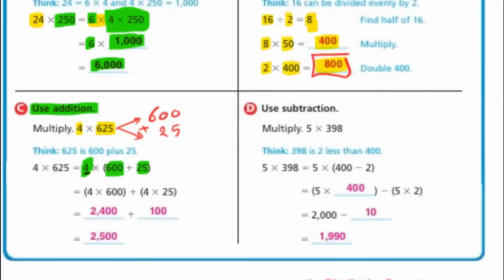And then let's distribute it. 4 multiplied by 600 like that, and plus 4 multiply 25. And then 4 multiplied by 600 equals, with the 2 zeros, 4 multiplied by 6 equals 24. And 4 multiplied by 25, as stated before, friendly numbers equals 100. Add them together, it will be 2,500.